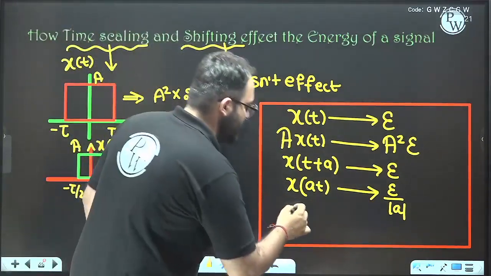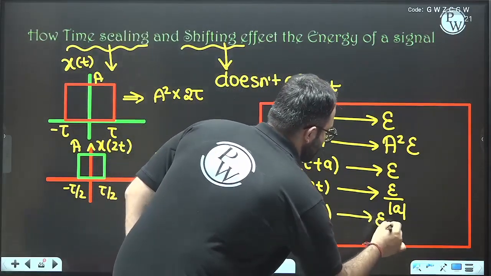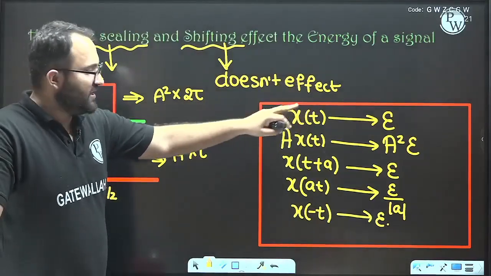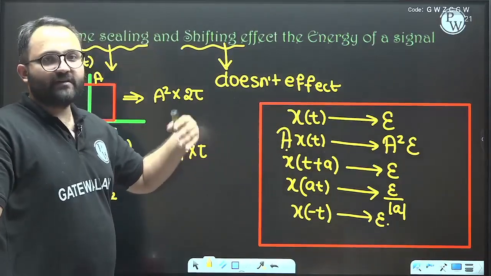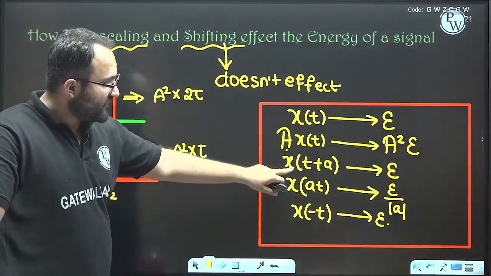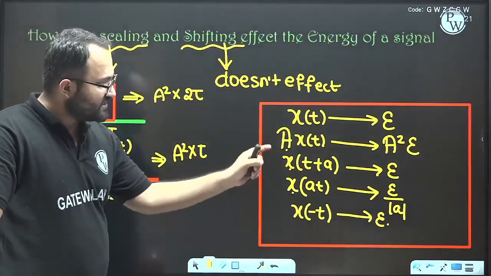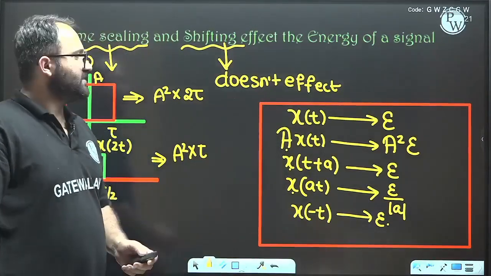Always remember that x of minus t will have the same energy E. Remember that x of t has energy E. If we multiply x of t by a constant, the energy becomes A square times. If we shift, the energy remains the same. If we do the time scaling, energy gets divided by mod A. If we do time reversal, energy does not change.